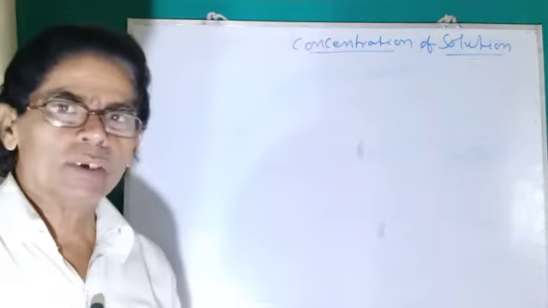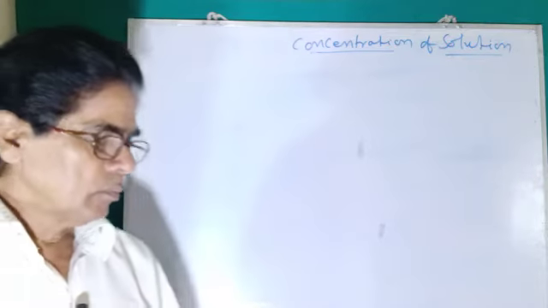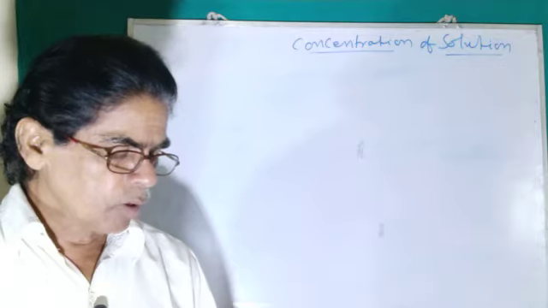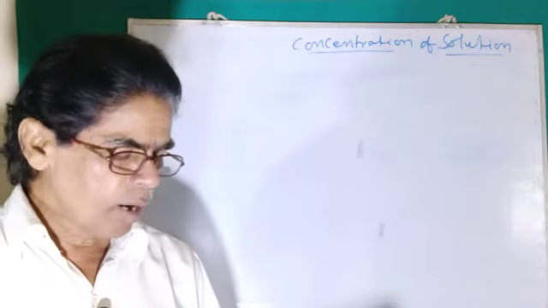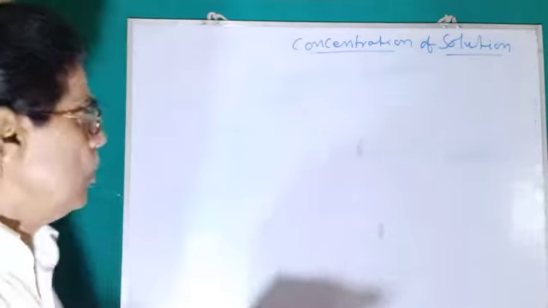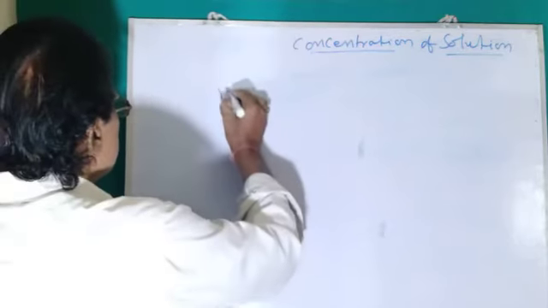Let us have a question mentioned here to find out the concentration. A solution contains 40 gram of common salt in 320 gram of water. So, what is the volume of water?